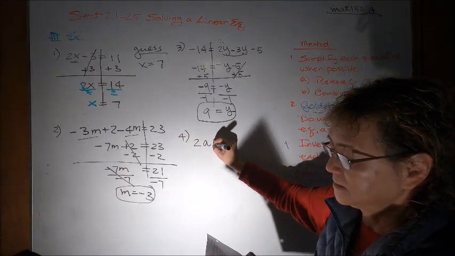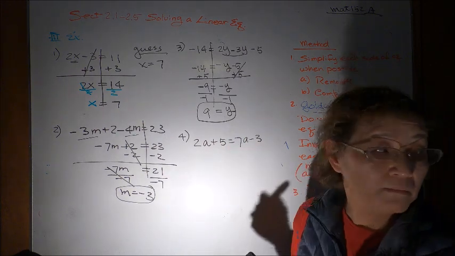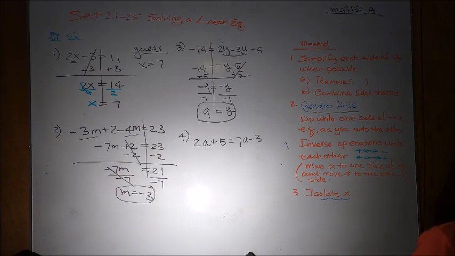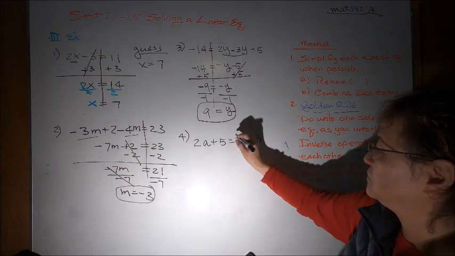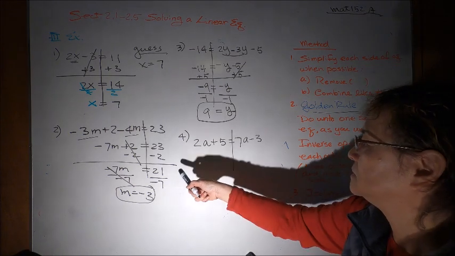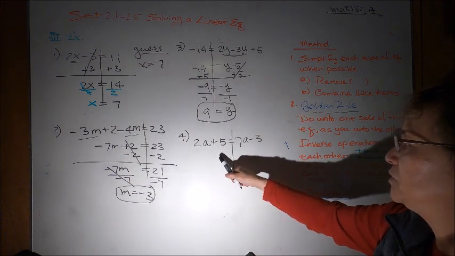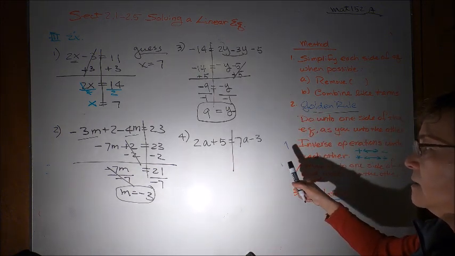Let's look at the next one. Both sides have a and a number. You can move to either side. Okay? Usually we move the variable to the left hand side, the number to the right hand side.